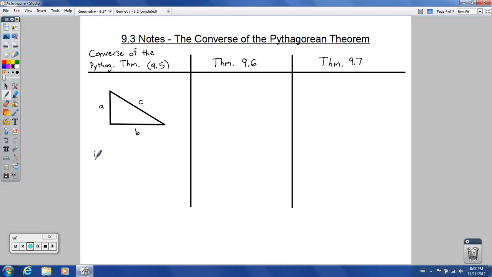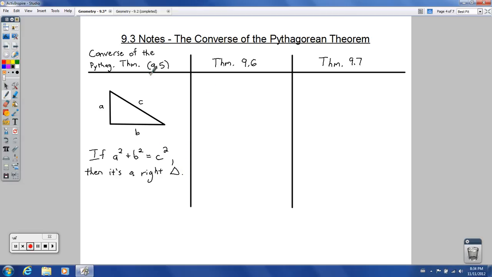So if a squared plus b squared does in fact equal c squared, then it's a right triangle. By it I mean this triangle up here.